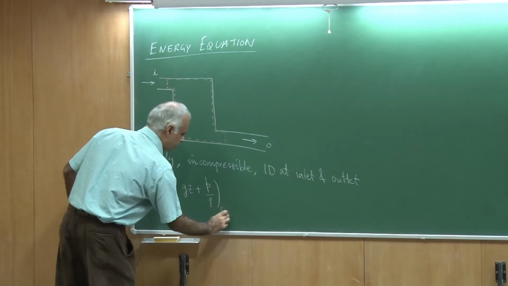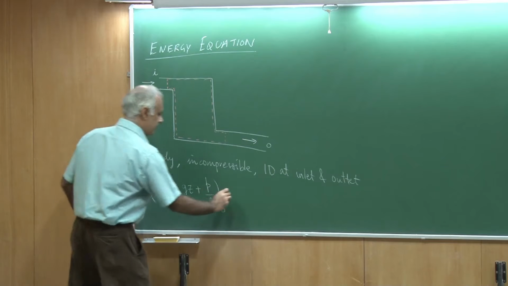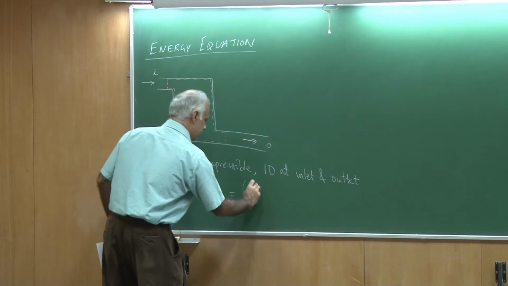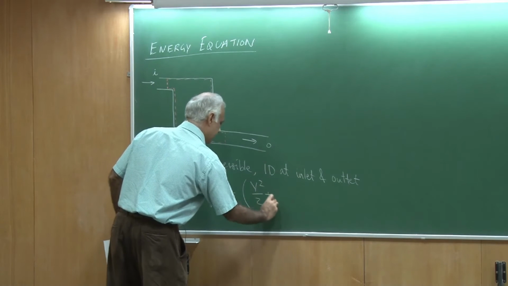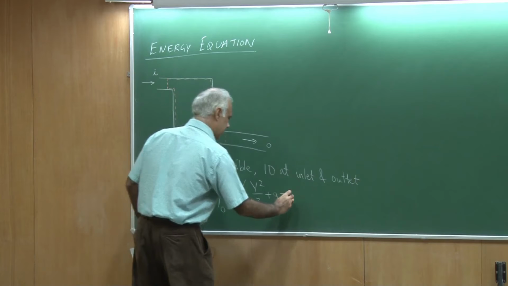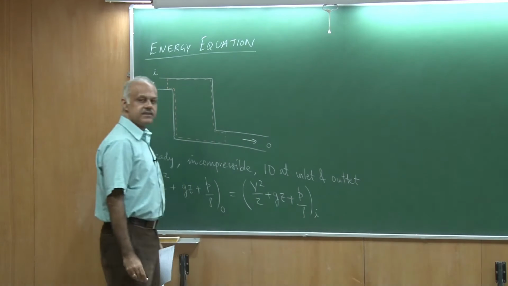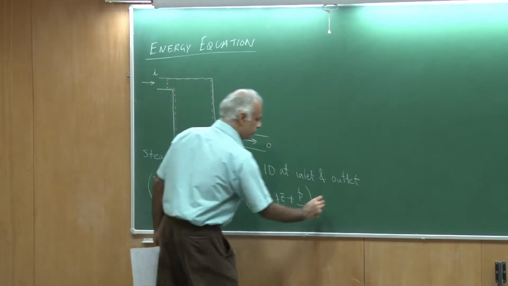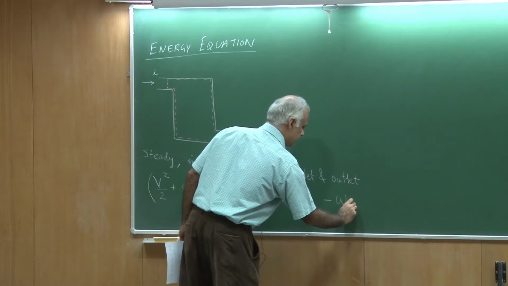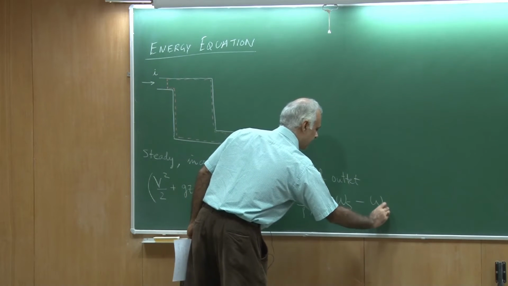This at the outlet is actually given as V square by 2 plus Gz plus P by rho at the inlet, and then we have to add here minus the Ws and Wl.